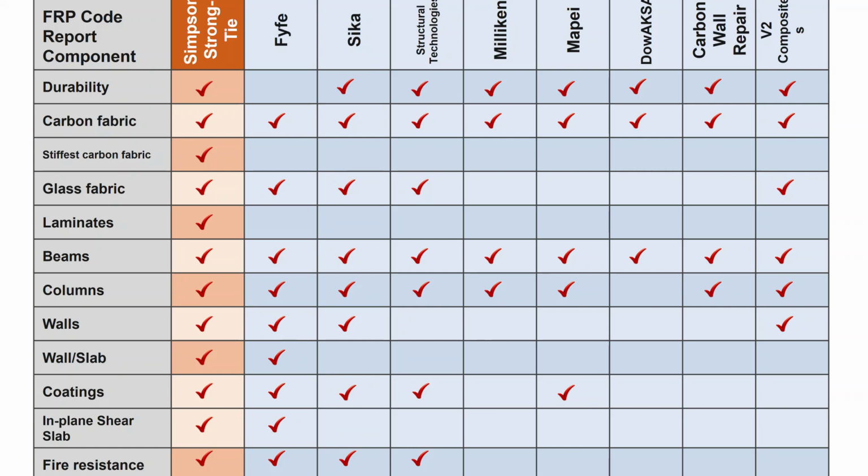I don't remember. Okay. Yeah, so they do have a fabric that's stiffer, but they don't really compete like Structural and Fife and Sika do. And also, it's worth noting our fabric stiffness is 14,200, and Structural Technologies now has a fabric that's 14,000 KSI.